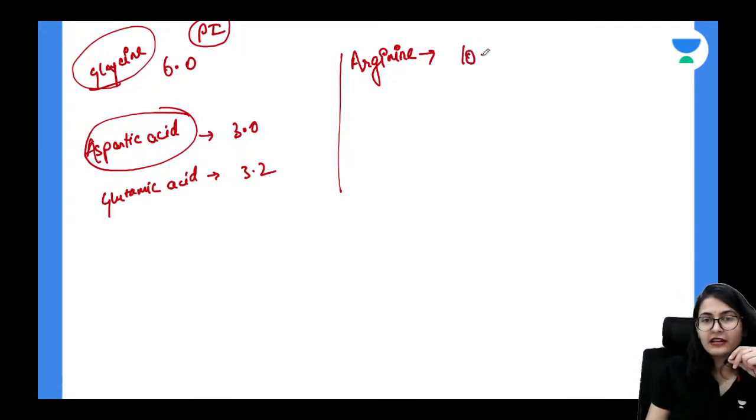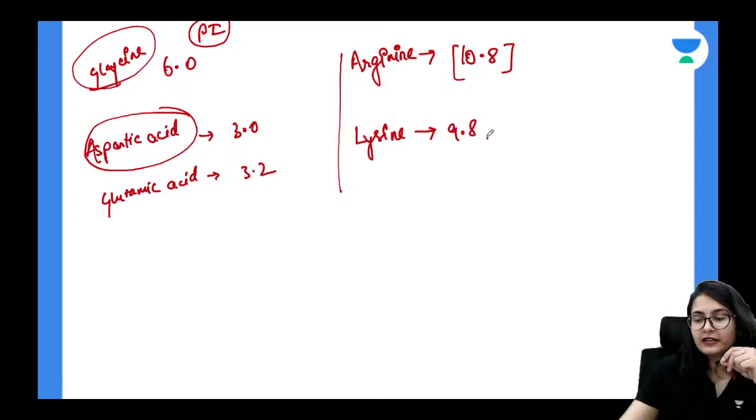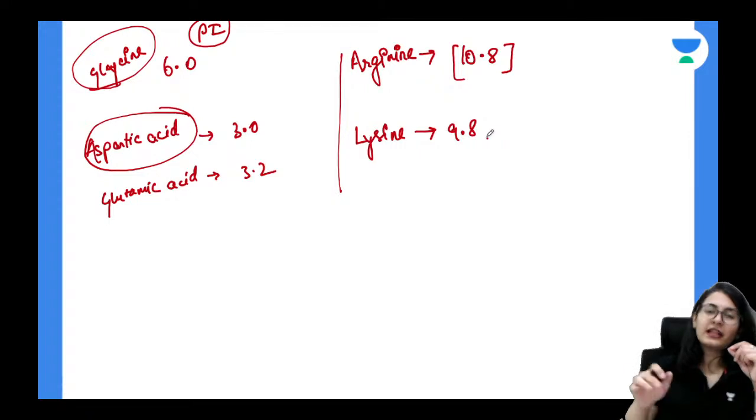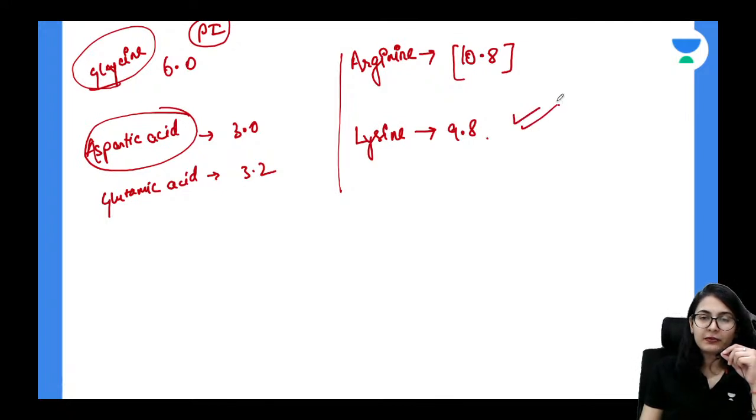We have just seen 10.8, such a high value. All right, and for lysine, once again basic side chain only having one ammonium group. This is also very high, 9.8. Okay, which means कि इतने high pH पे जाके you are going to neutralize the charges of the negative and the positive. That is the isoelectric pH.